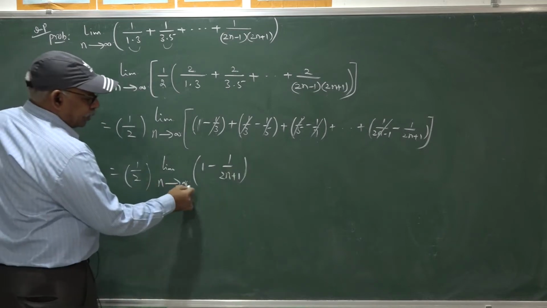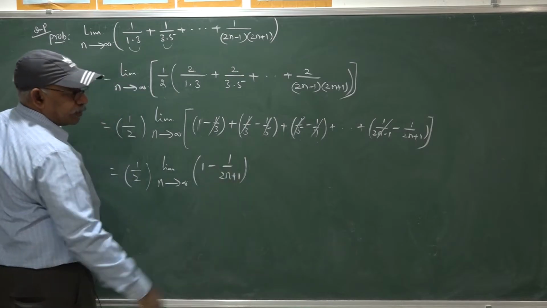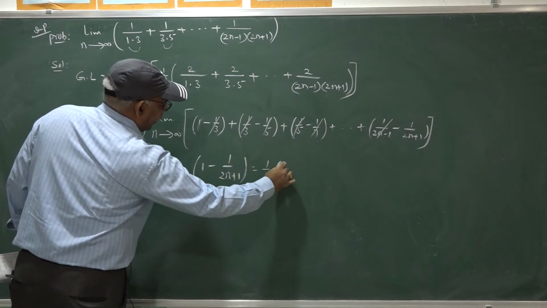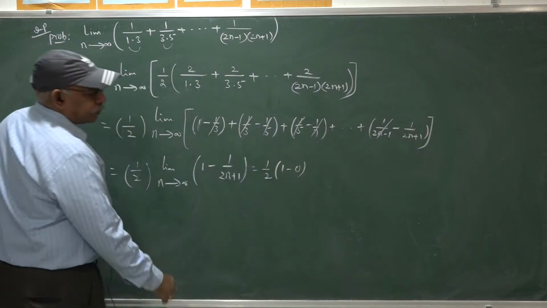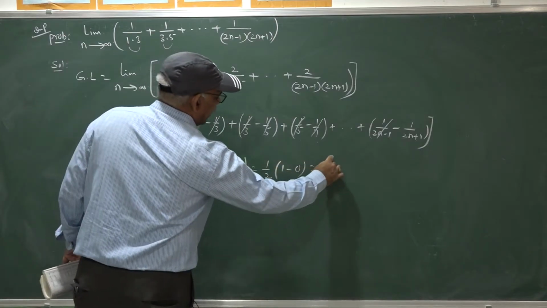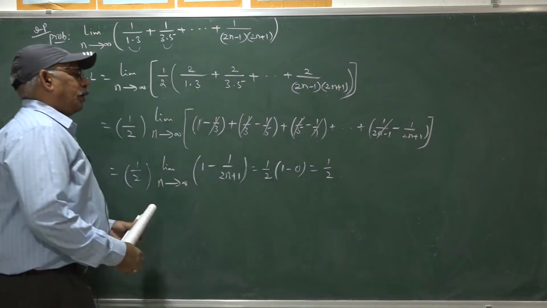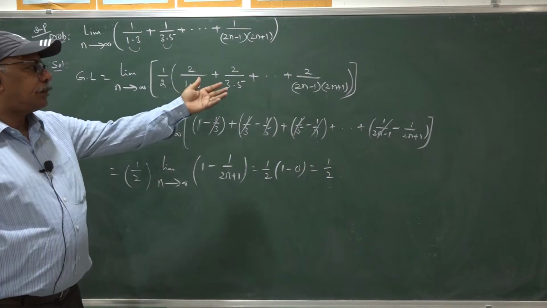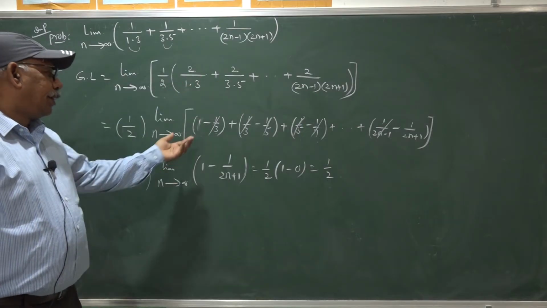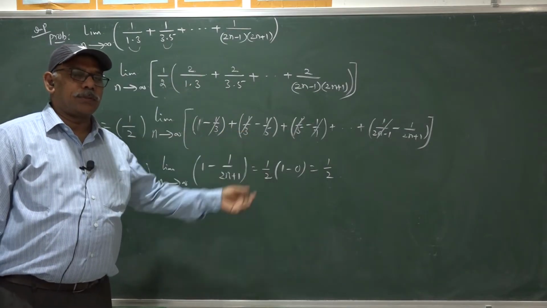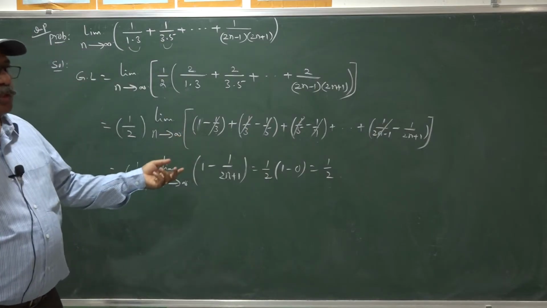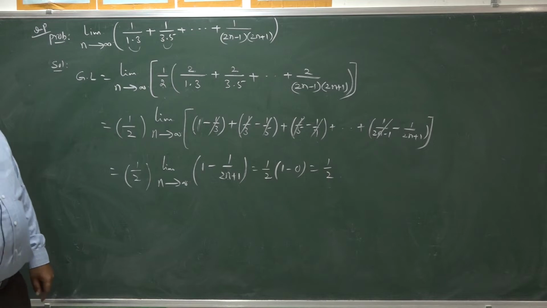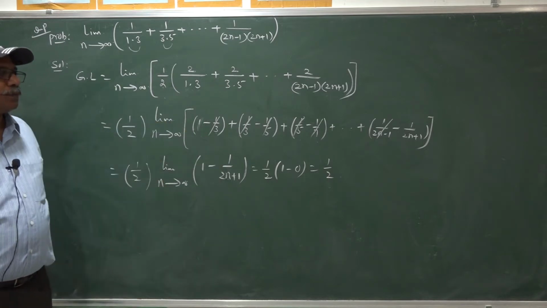As n goes to infinity, this 2n plus 1 is always infinity. 1 by infinity is 0. Hence, the required limit is 1 by 2. Writing the given terms of the series as differences of the successive terms is called the telescopic method. We already taught this in the series.